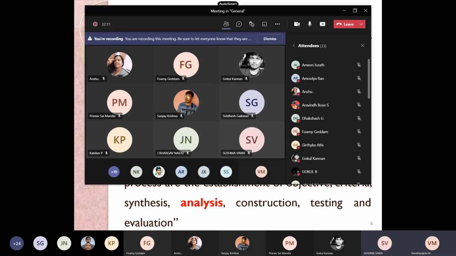Okay, any other vision for defining engineering? Yes, we are taking so much time already. I request you to refer to the definition of engineering by the Accreditation Board for Engineering Technology.